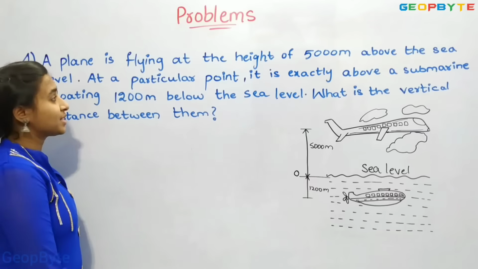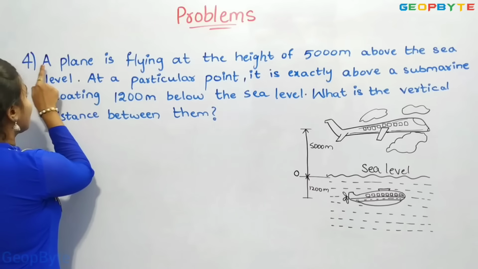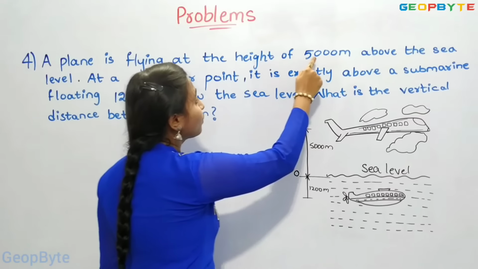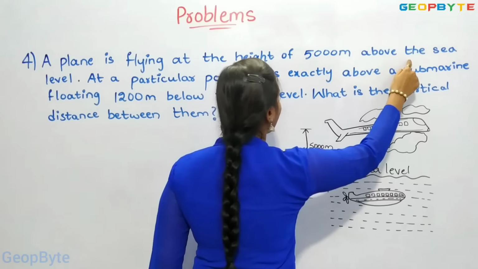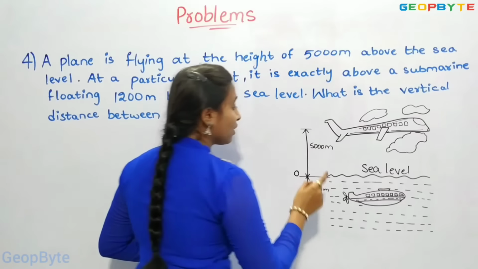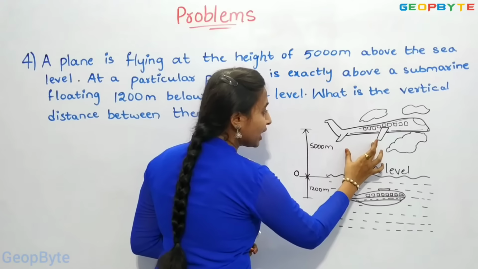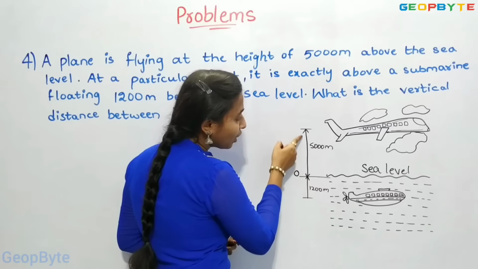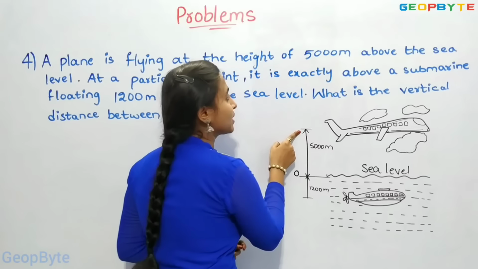Now, let us see the fourth question. A plane is flying at the height of 5000 meters above the sea level. If you observe here, the plane is flying above the sea level, that is at a height of 5000 meters.